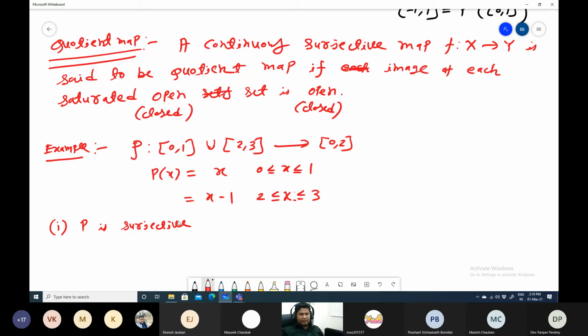Now is P an open map? Is it an open map? Yes. Quickly give the answer. Yes or no? Yes, sir. But why is it an open map?